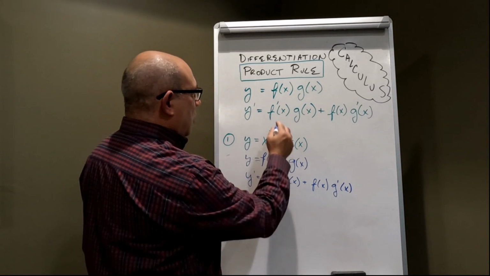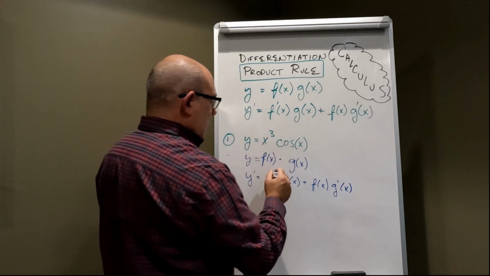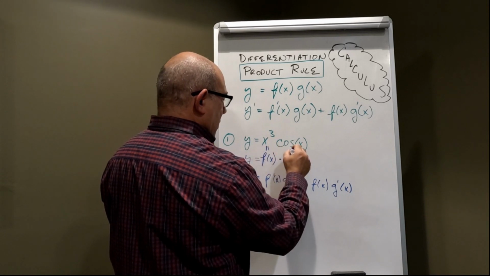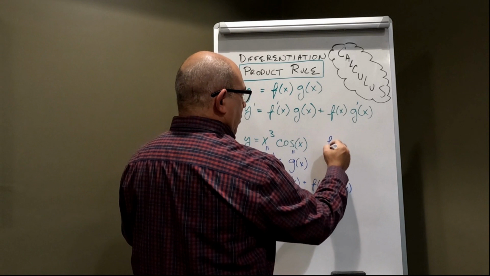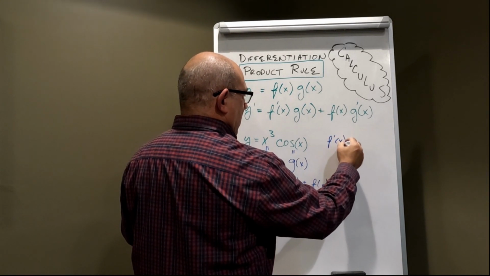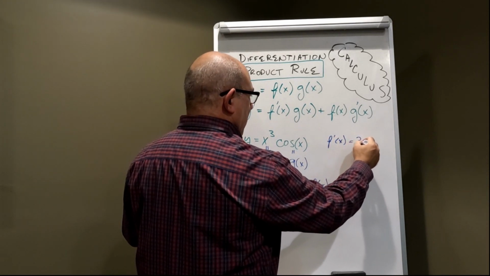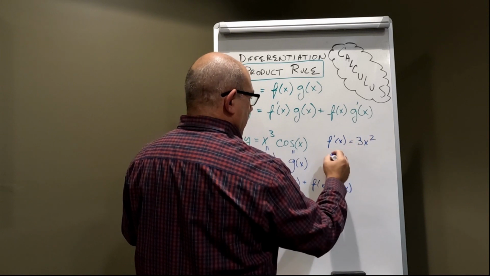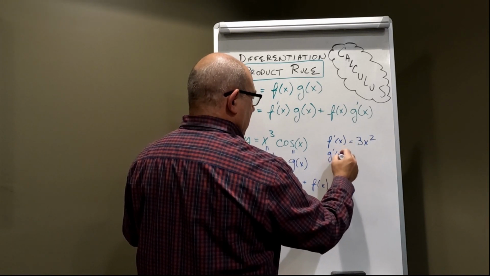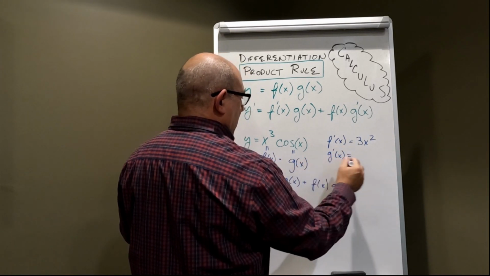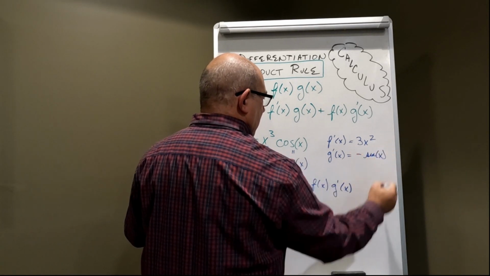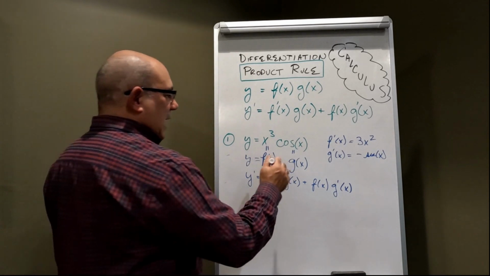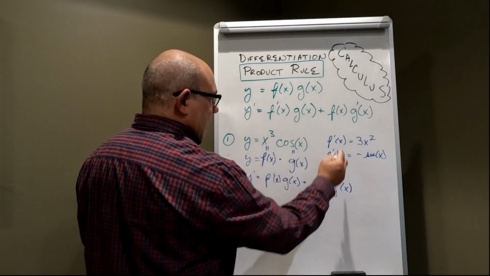So let's work the problem. x cubed is f of x, and cosine x equals g of x. So f prime of x is going to be 3x squared, and g prime of x is going to be minus sine of x. So we now have all the pieces we need, so let's plug in.